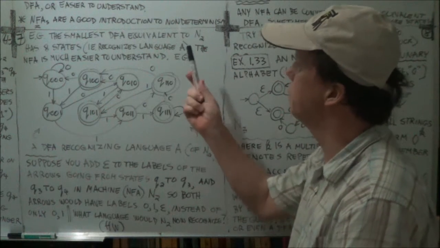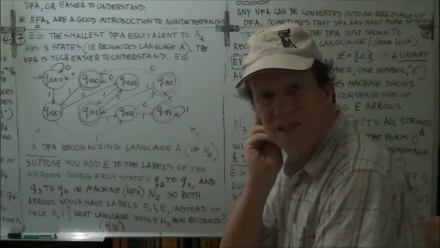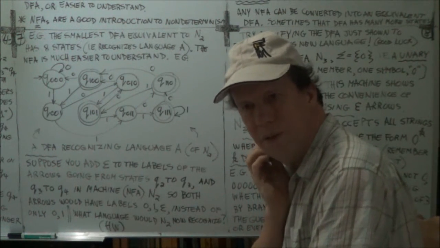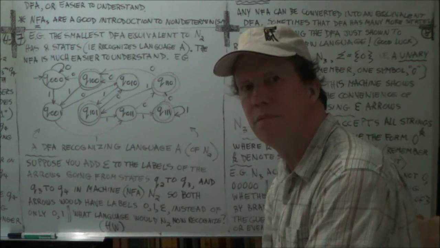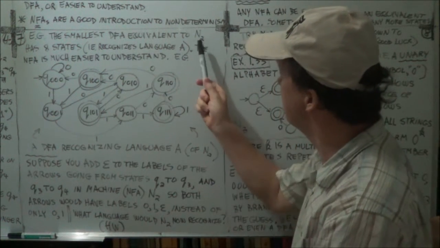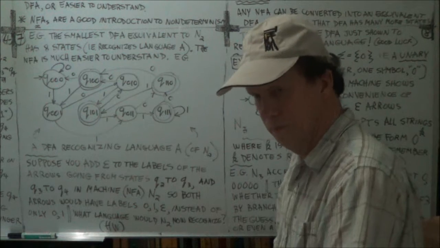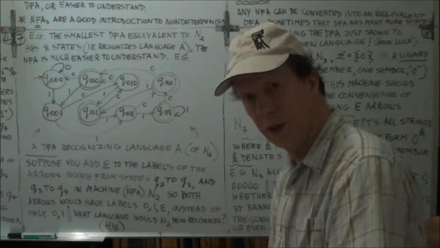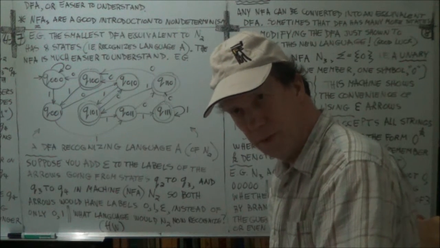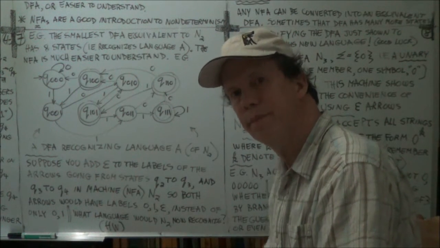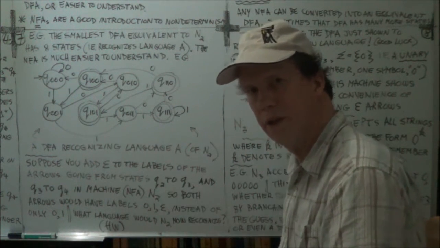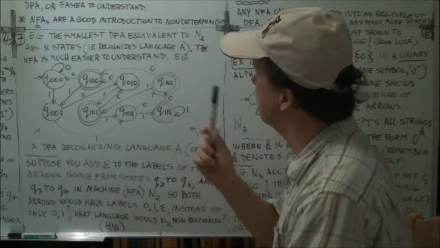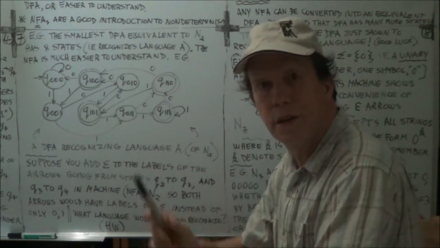Now, in the previous session I think I said we would be talking about the equivalent DFA of N1, but actually it's N2. In other words, you're looking for the strings where the third last symbol is a 1. I made an error in the previous session. So we're trying to find the DFA.